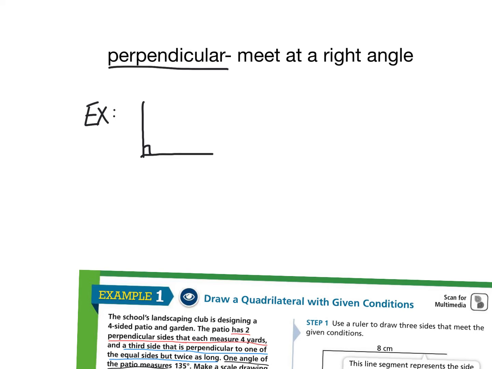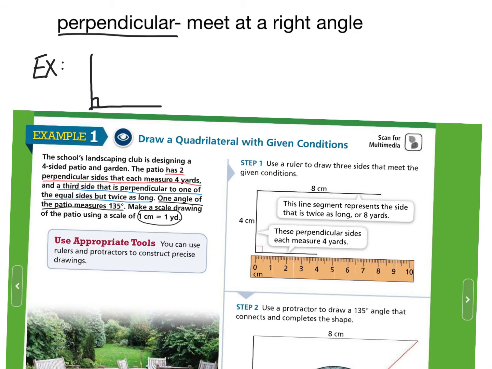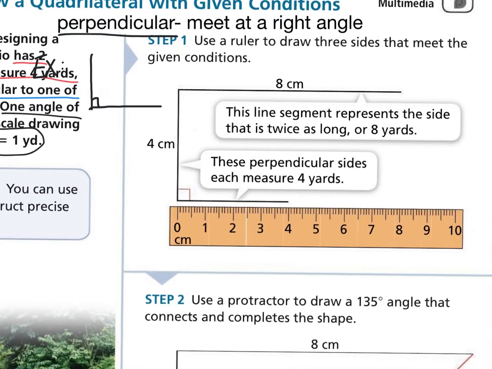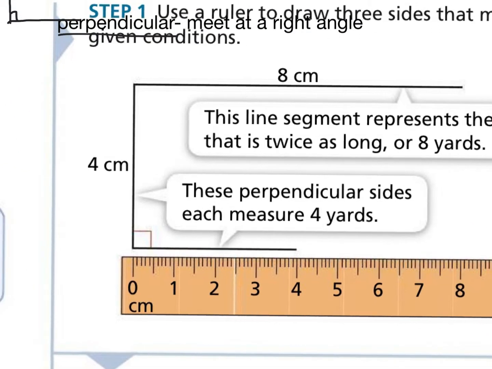So if we look at what they did in your book here, this is worked out. The first thing would be to draw these sides. So 2 sides that are perpendicular, they're 4 yards, which we're going to make as 4 centimeters, and they meet at a right angle. So that would be the first thing I would do, is we could put this 4 centimeter side here, this 4 centimeter side here, and then they have to meet at a right angle.